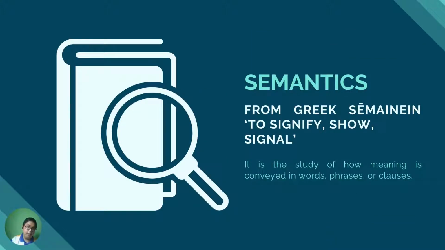Okay, the next one is semantics, from the Greek word semainein, which is to signify, show, or signal. It is the study of how meaning is conveyed in words, phrases, or clauses. The best way for us to do semantics is, of course, to look into a dictionary.